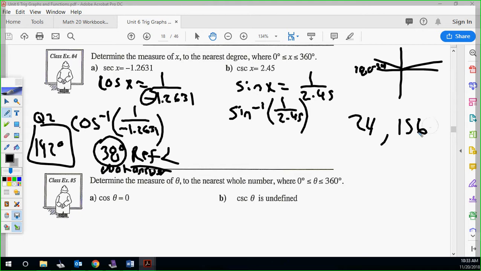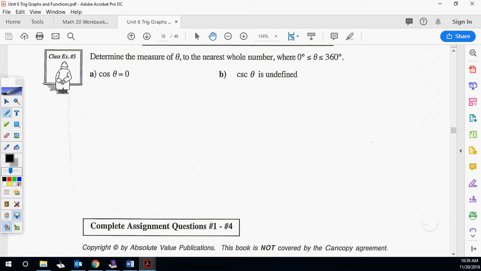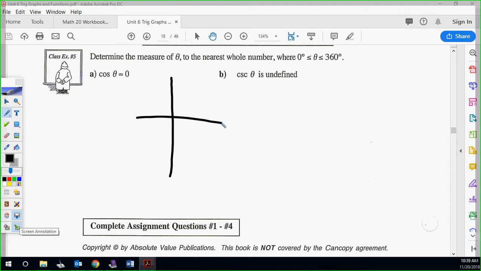So then my next question to you is, when you're going around our grid, what locations, just tell me the degree measure, is x 0? Where is x 0? The y-axis, right? Here and here. Well, what are those degree values? 90 and 270. That's it.